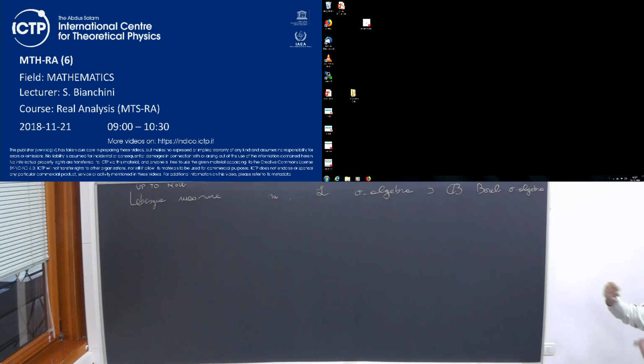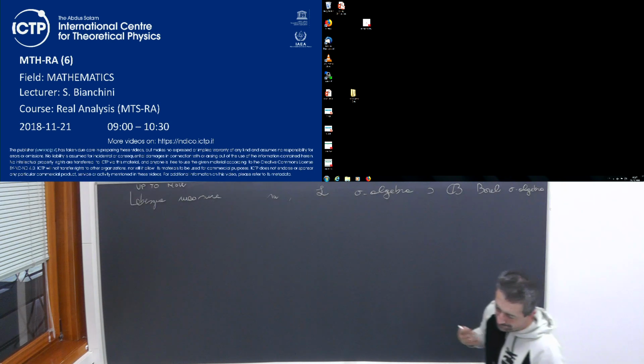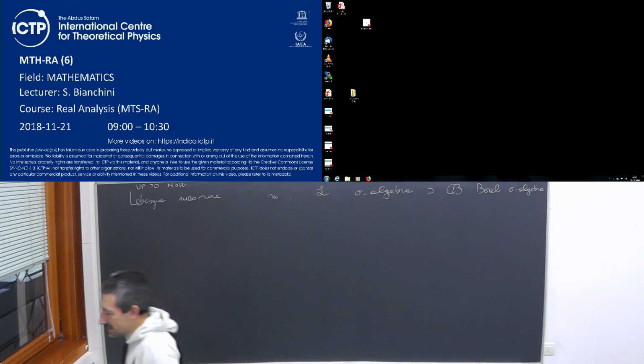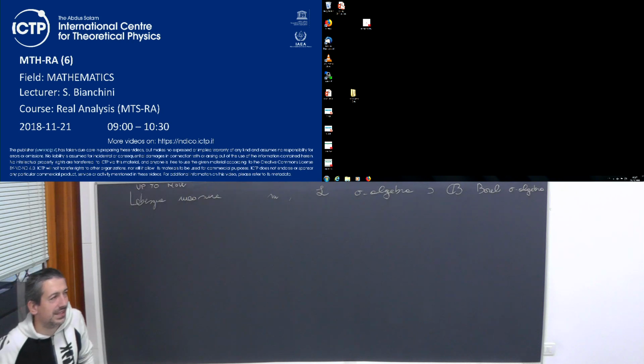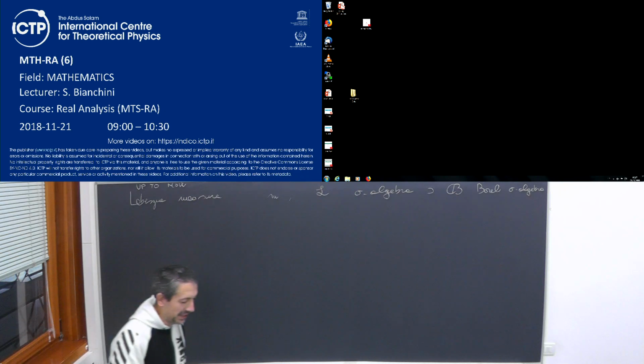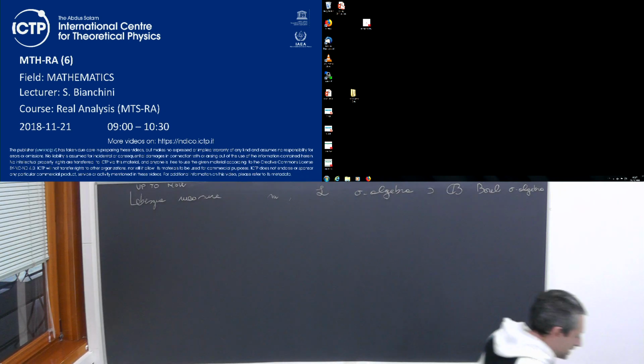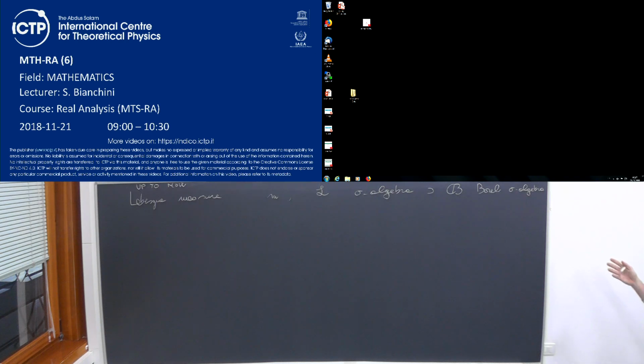And then you can iterate the procedure, up to proving that this sigma algebra has a cardinality which is certainly not countable. So it contains a lot of sets, not only the open sets.